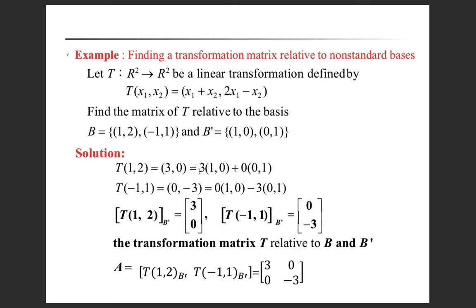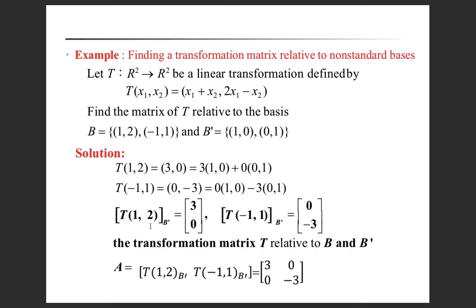So we will write these vectors before the bases (1, 0) and (0, 1), so as to match with this (3, 0) and (0, minus 3). These both should be equal. So here we get 3 into (1, 0), 0 into (0, 1), it is (3, 0). Here 0 into (1, 0), minus 3 into (0, 1) equal to (0, minus 3).